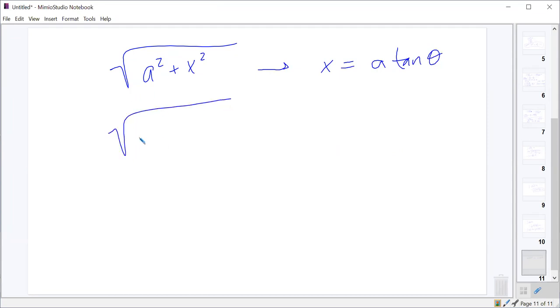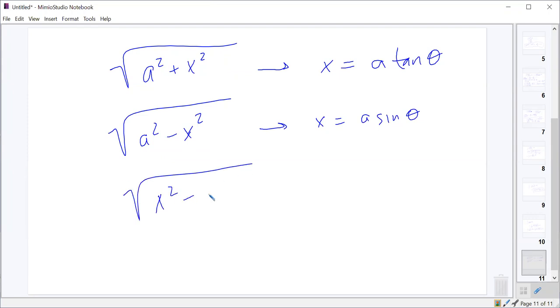If you have the square root of a squared minus x squared, you're going to want x equal to a sine theta. And if you have the square root of x squared minus a squared, you're going to want x equal to a secant theta. Everybody good with that? We remember those? Should we do one of these here?